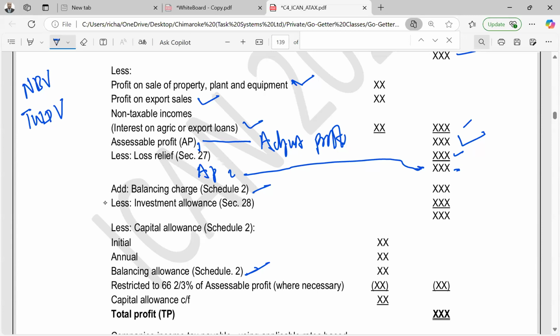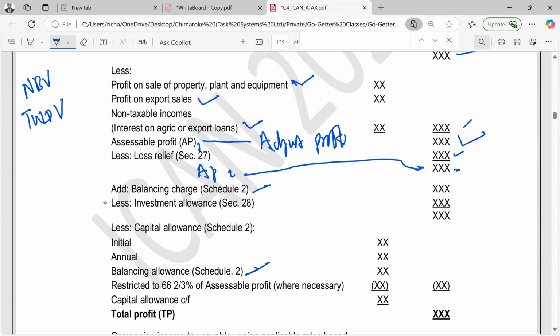Investment allowance. When we're talking about capital allowance, we'll talk more about investment allowance. Investment allowance is the allowance government gives you when you invest in plants and machinery. Only plants and machinery, and it's about 10%. In this 2025 tax year, I think the investment allowance has been removed.